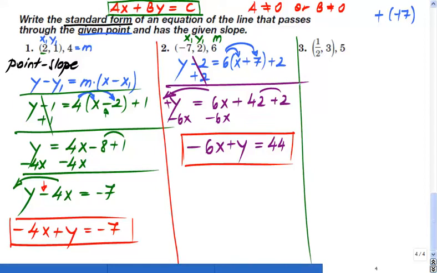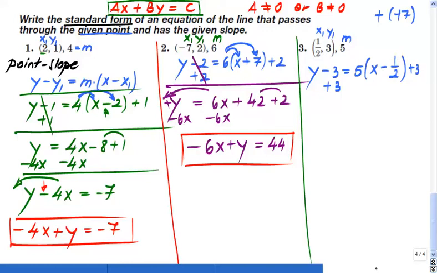Okay, same approach. Point slope form: y minus y1, that's y1, that's your slope. y minus 3 should equal slope multiplied by x minus x1, which is 1/2. I will add 3 to both sides.